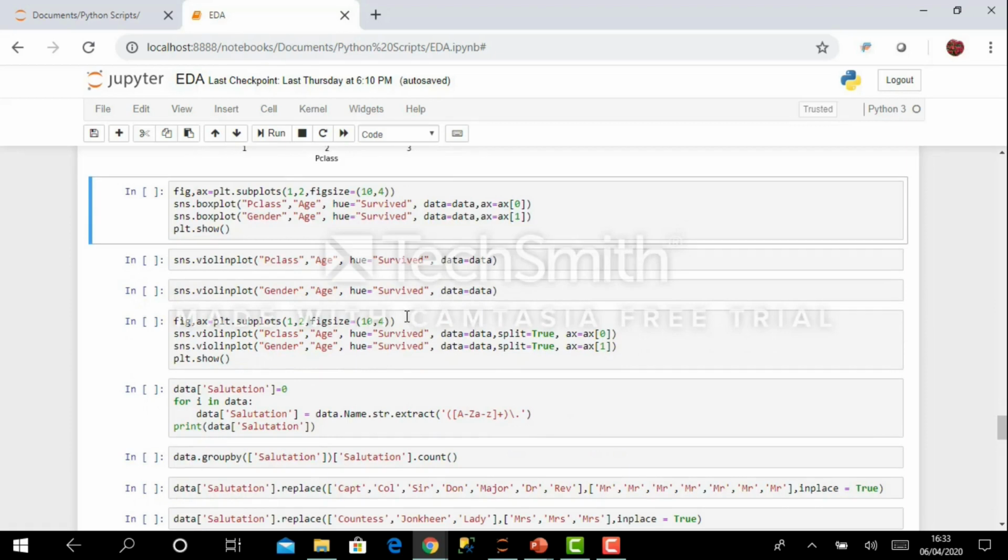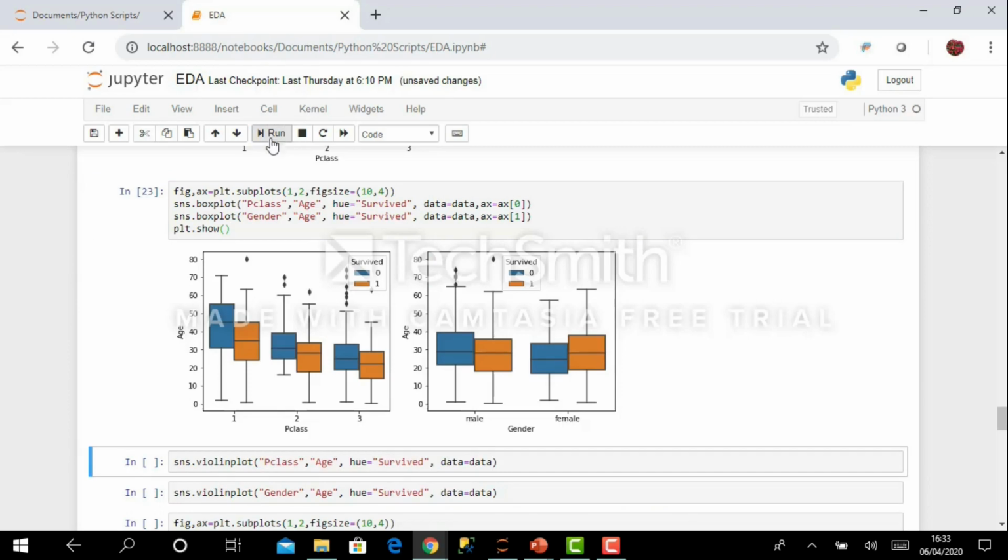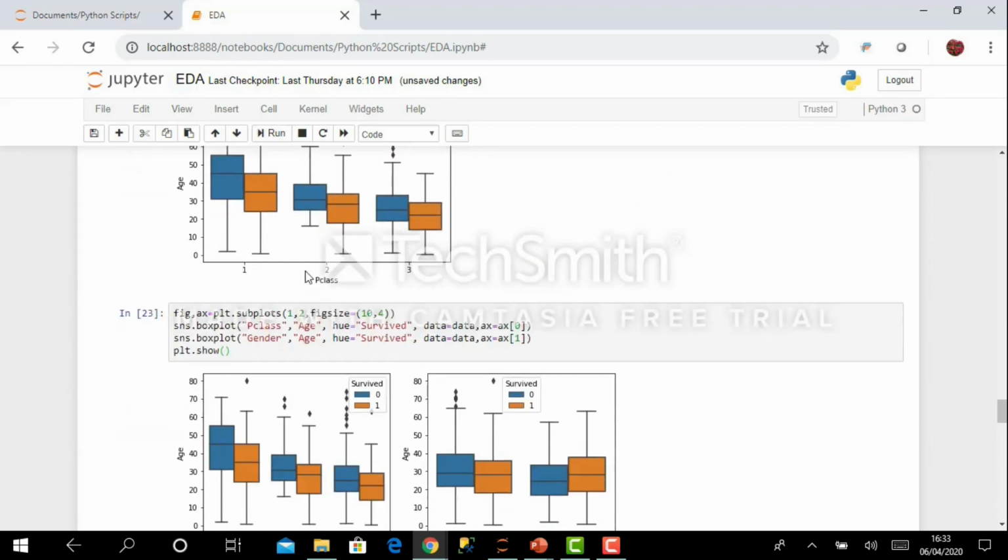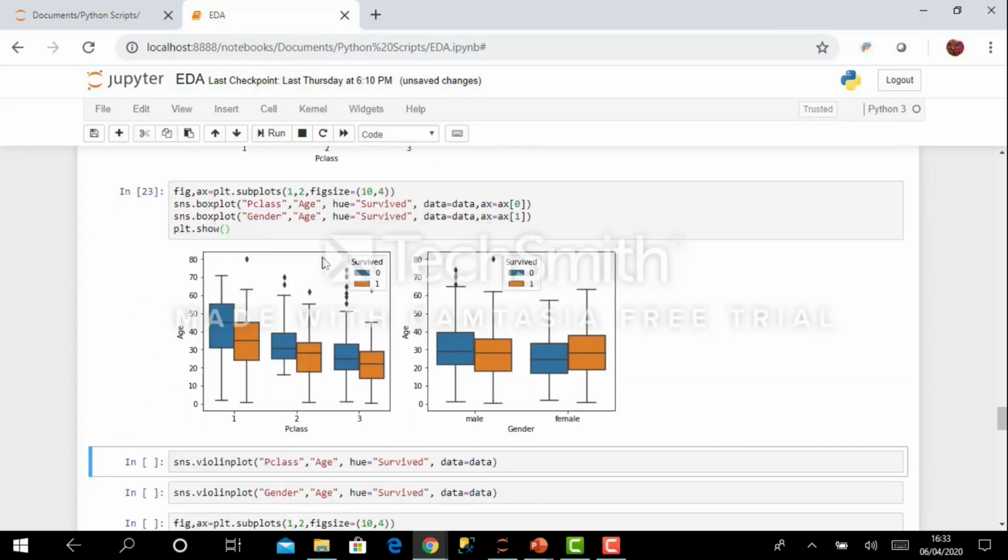Then I'm again doing a box plot, here with a subplot. The first one is on pclass and age, and the second one is on gender and age. So let us see how it works. Earlier it was only pclass and age, but now I'm plotting gender versus age and pclass versus age, for survived.